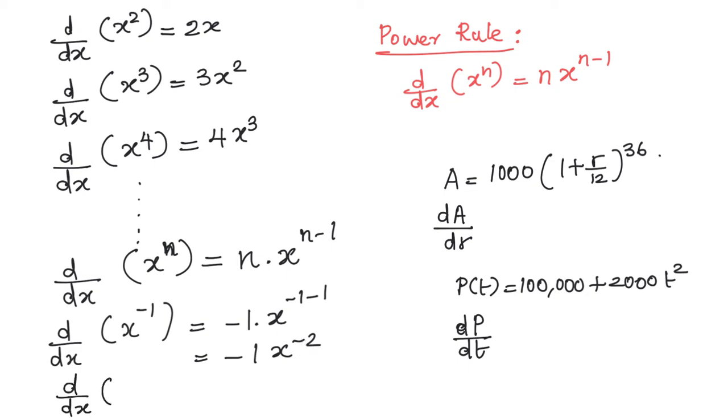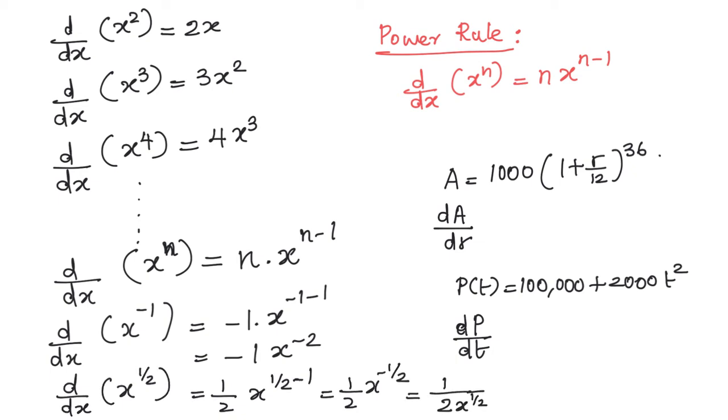Another example, derivative of x power half. We bring the exponent in front and subtract 1 from the power. So half x power negative half. Move that to the denominator so that the exponent will be positive. So here in the power rule, n is any real number.